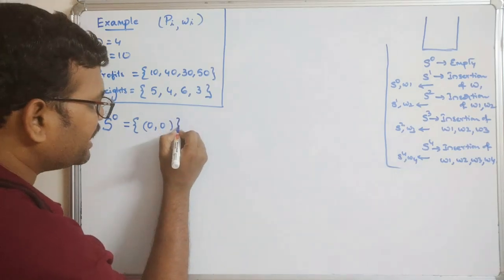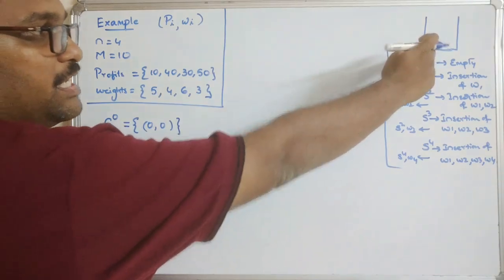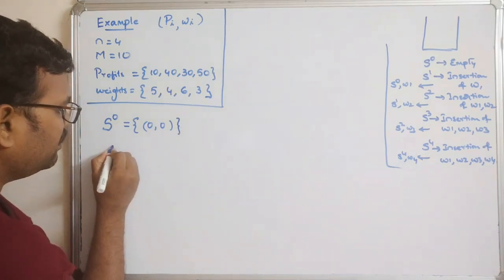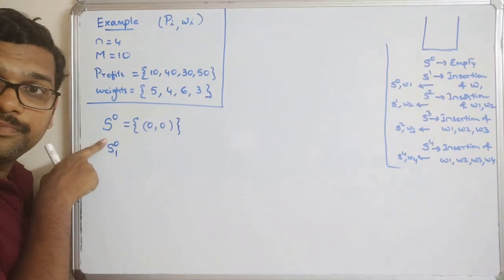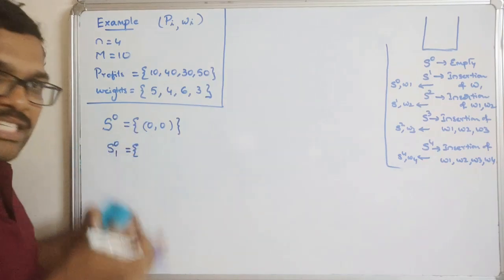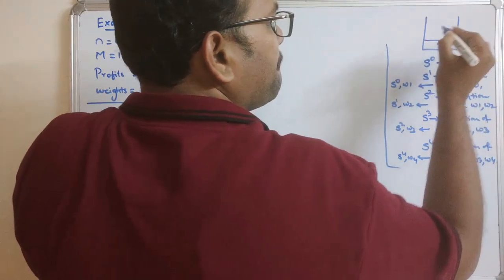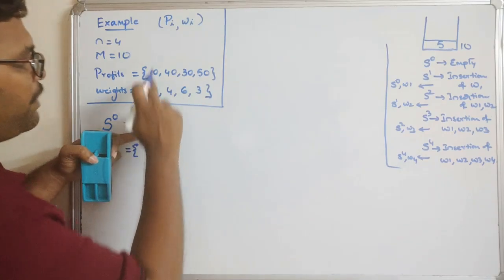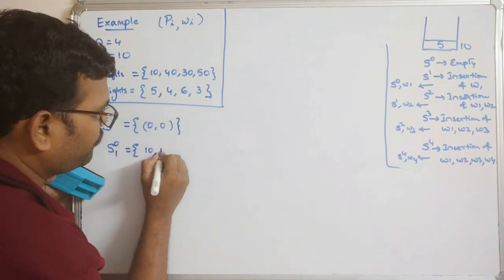Okay. So initially S0, that's an empty stack. Initial stack, it is empty. Now what happens? We have to insert 1 into the 0th stack. Okay. So we are inserting this one. So obviously insertion means what we are doing? We are moving 5 to the stack with a profit 10. So 0 plus 10, comma 0 plus 5, 5.